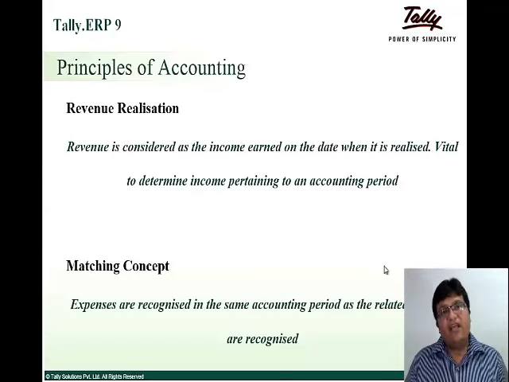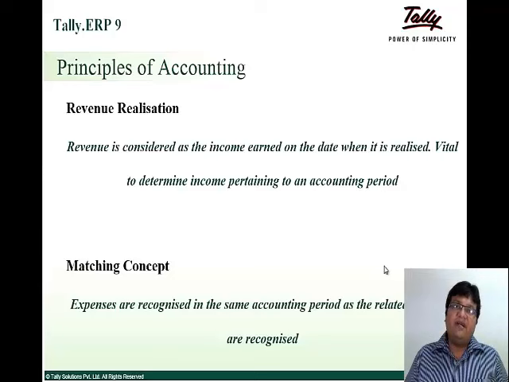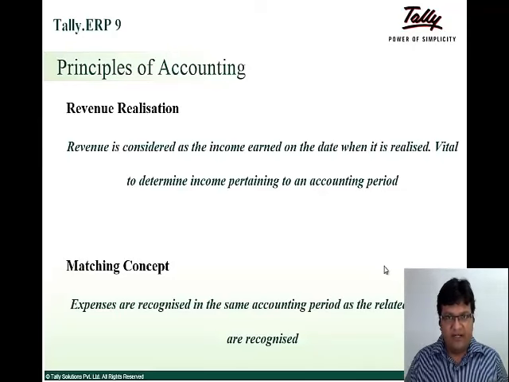It is vital for any business to determine the income pertaining to any accounting period. I hope revenue realization is clear to you. The revenue is considered realized only when the money is received. The income is earned.